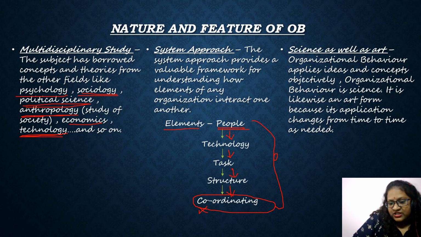Every organization will not have the same kind of changes to be made. So we make these changes based on the organization, based on the place where they are located, as and when needed. So organizational behavior is considered both science and art.